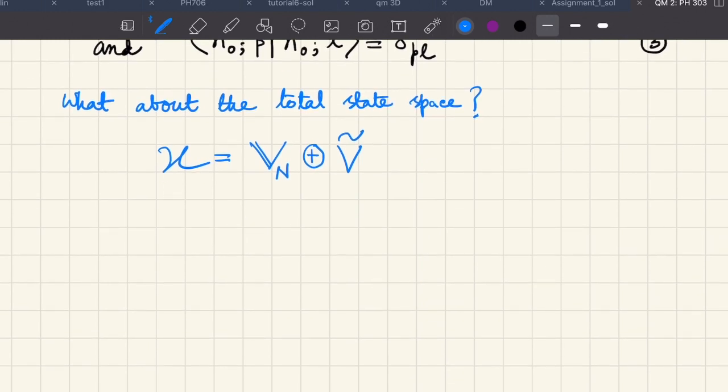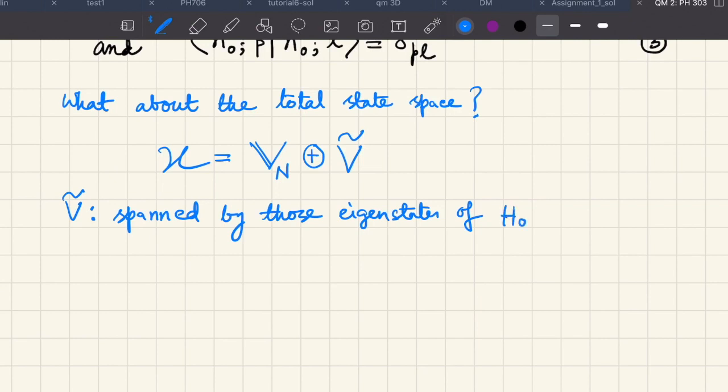This V tilde is spanned by those eigenstates of the unperturbed Hamiltonian H naught which are not in the degenerate subspace Vn.